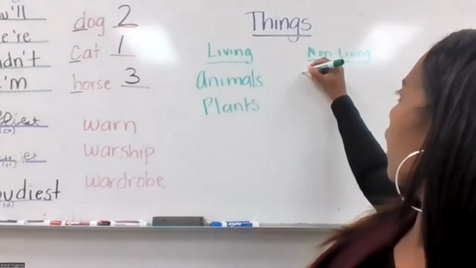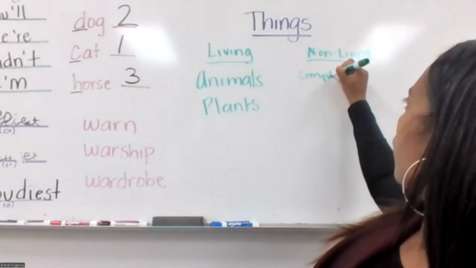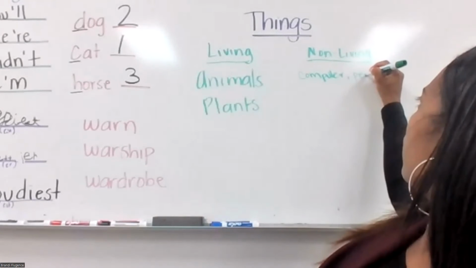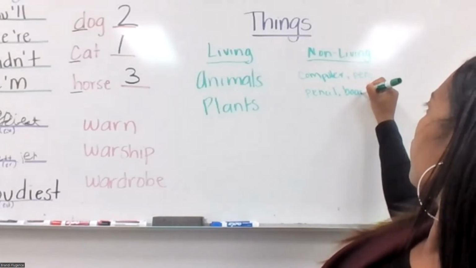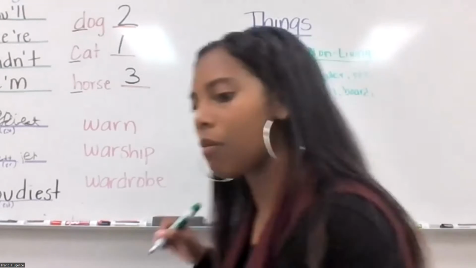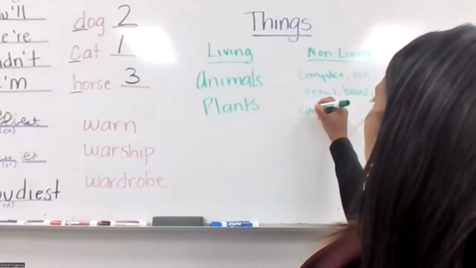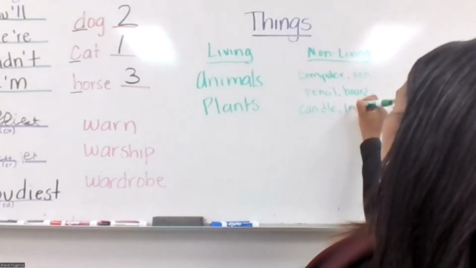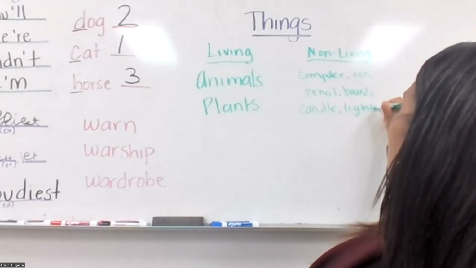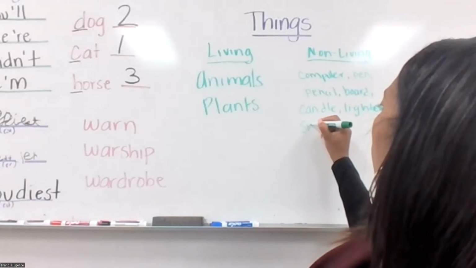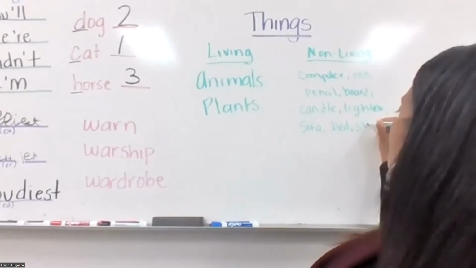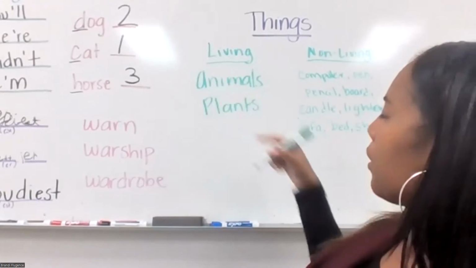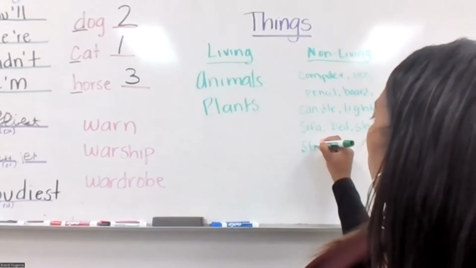Like if we would say a computer, a pen, pencil, board, a pencil sharpener, a candle, a lighter. What else we got? Think about things in your house. Sofa, a bed, shoes, stove, cereal.